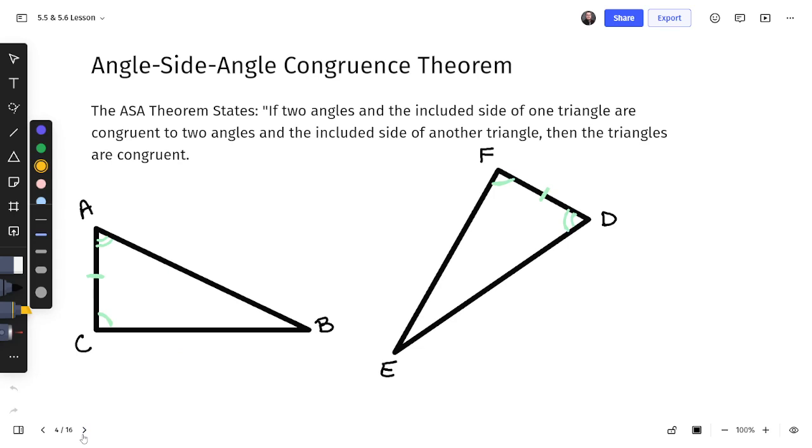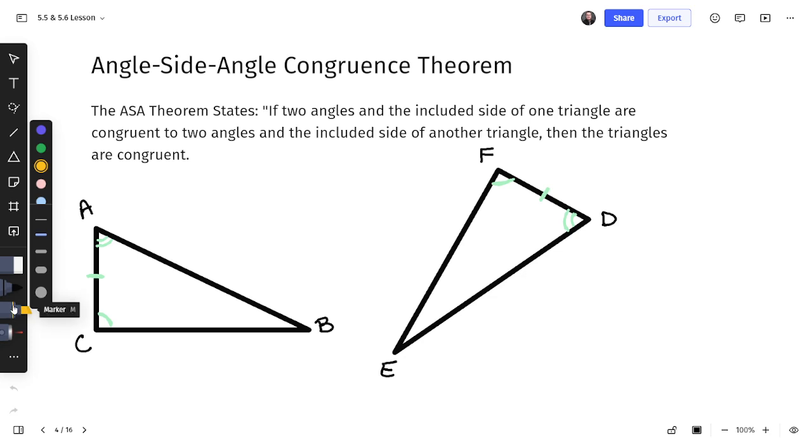Next up is the angle-side-angle congruence theorem. The ASA theorem states that if 2 angles and the included side of one triangle are congruent to 2 angles and the included side of another triangle, then the triangles have to be congruent. Now, I highlight the importance of the included side.